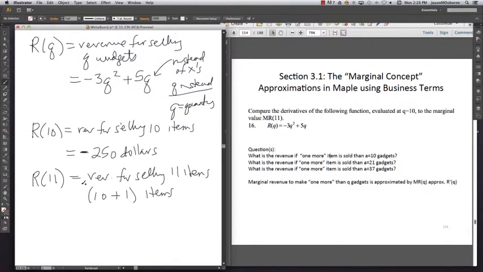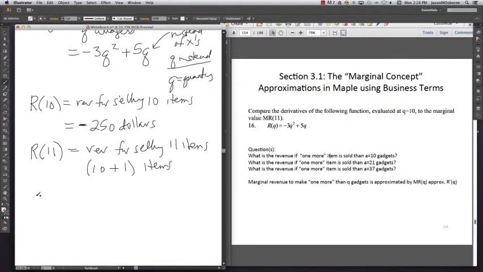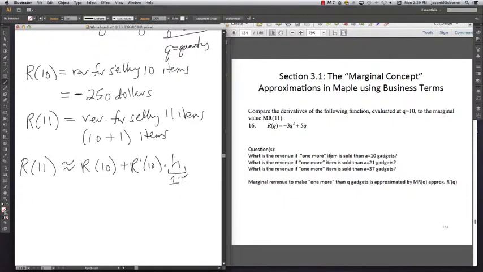So it's interesting to note that according to our approximation formula, R of 11 is approximately the revenue for selling 10 items, plus the derivative of the revenue function for selling 10 items, times h, and in this case, h is equal to 1, because we are trying to sell one more item.